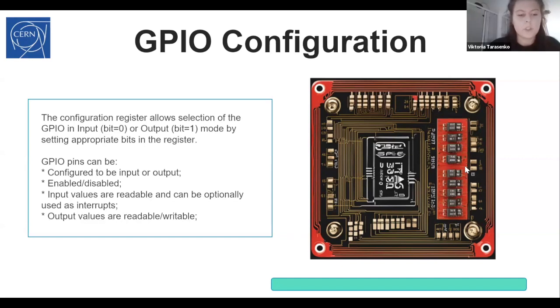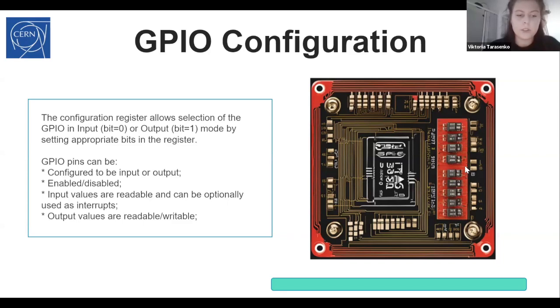In this case, GPIO pins can be configured to be input or output, be enabled or disabled. Values are readable and can be optionally used as interrupts. And the last one is output values are readable or writable.